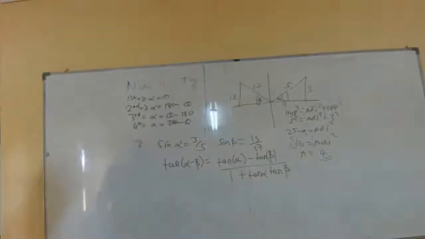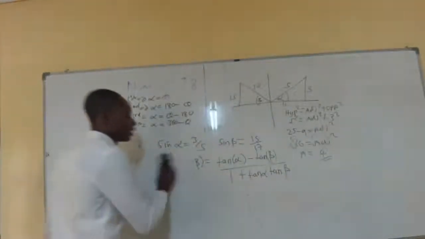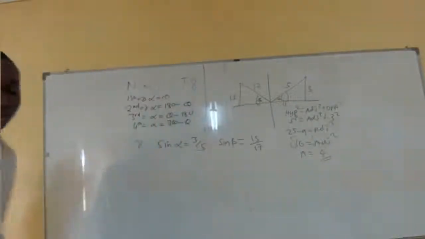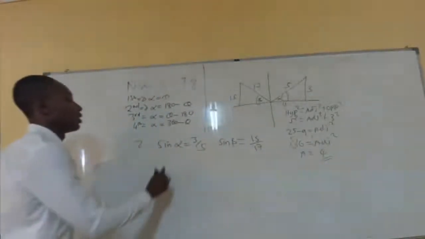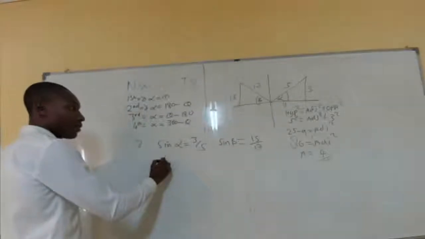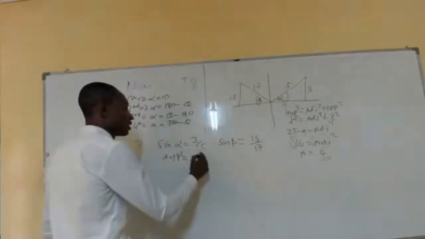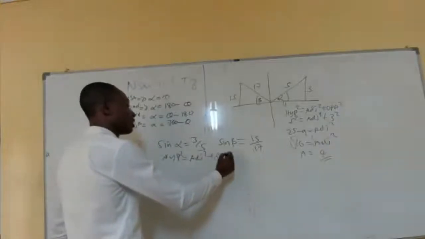So we'll refer back to the formula later. Here we're saying hypotenuse squared is adjacent squared plus opposite squared.